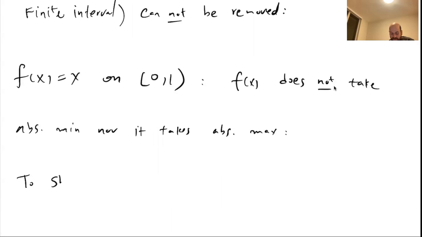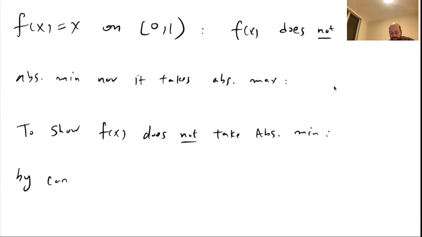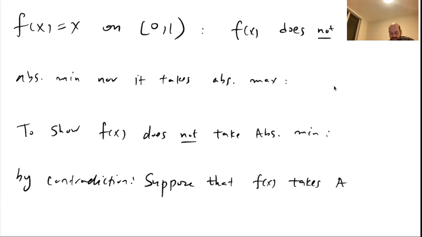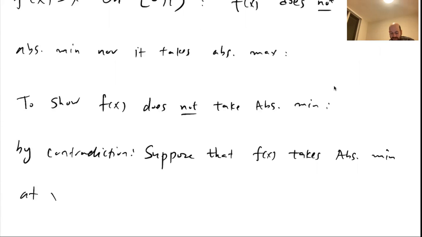To show f of x does not take an absolute minimum, let me prove it by contradiction. Suppose that f of x takes an absolute min at, let's say, some x equals c.